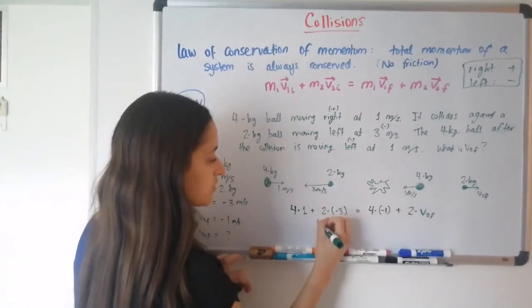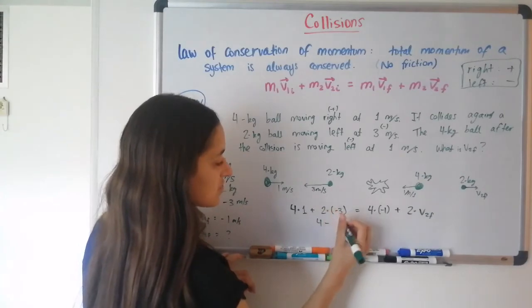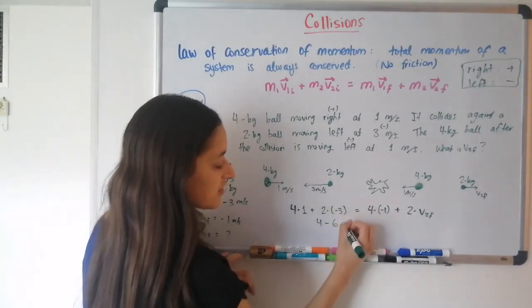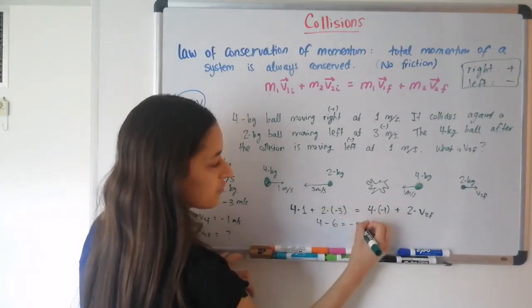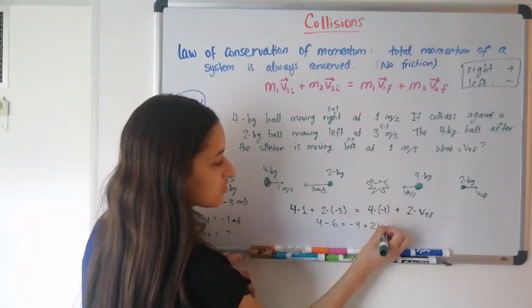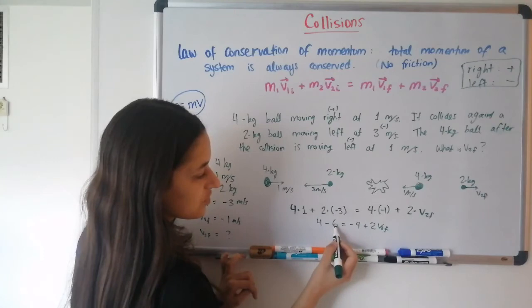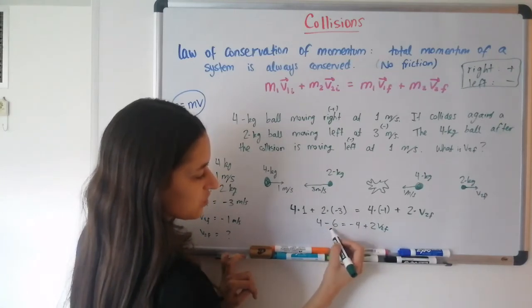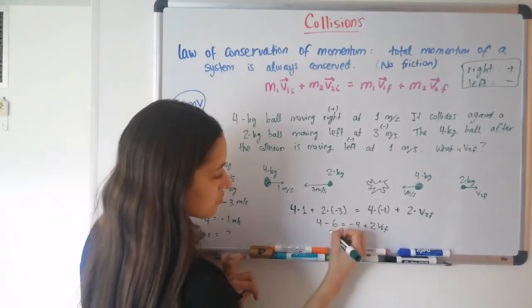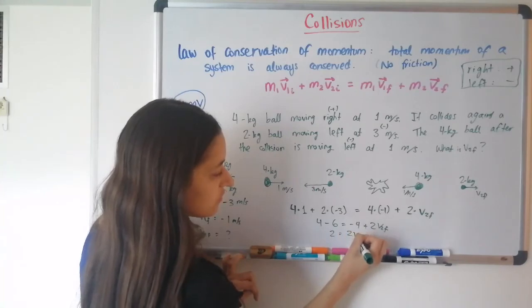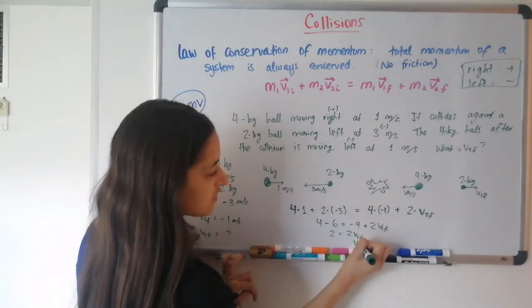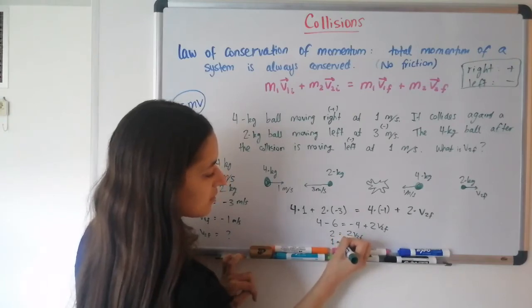Here it's 4 times 1 is 4, 2 times negative 3 is negative 6, so 4 minus 6 equals negative 4 plus 2V2F. So 4 minus 6 is negative 2. Pass this one to add, plus 4, it's going to give us 2 equals 2V2F. That means that V2F, 2 over 2, is 1 meter per second.